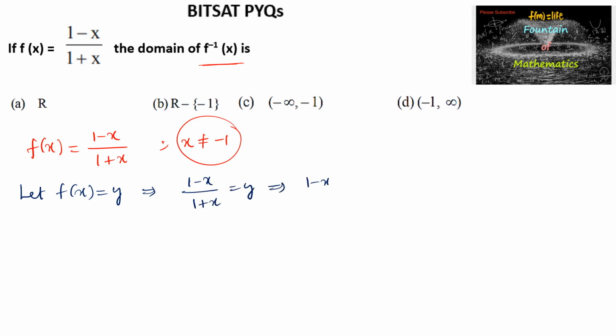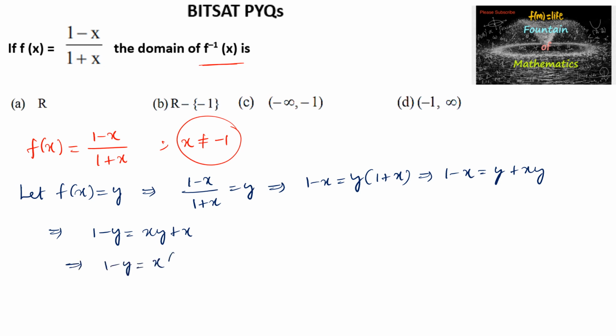Cross multiplication: 1 minus x is equal to y times (1 plus x). Further, 1 minus x is equal to y plus xy. So we can write 1 minus y is equal to xy plus x. So 1 minus y is equal to x taking common (y plus 1). So we can write x is equal to (1 minus y) upon (1 plus y).